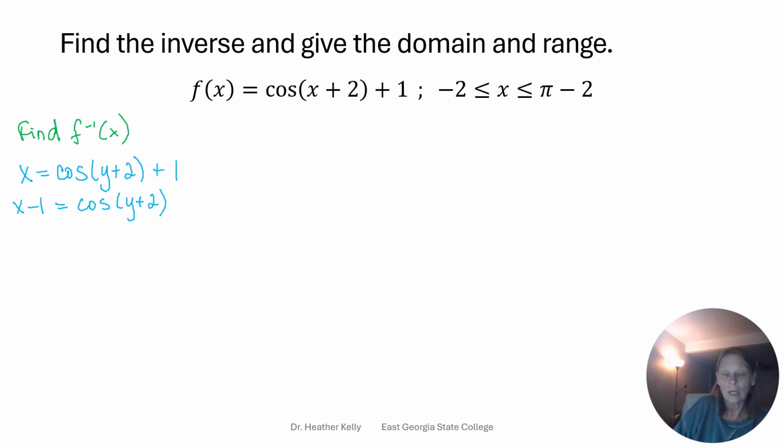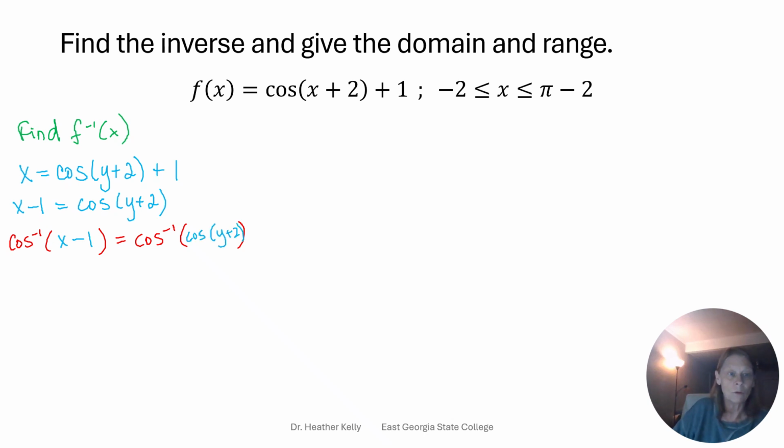Now this trig function is absolutely isolated, so we can apply the trick. And the trick here is taking the arc cosine of both sides. So the arc cosine of this side is equal to the arc cosine of that side. And this is going to be x minus 1, and this is going to be the cosine of y plus 2.